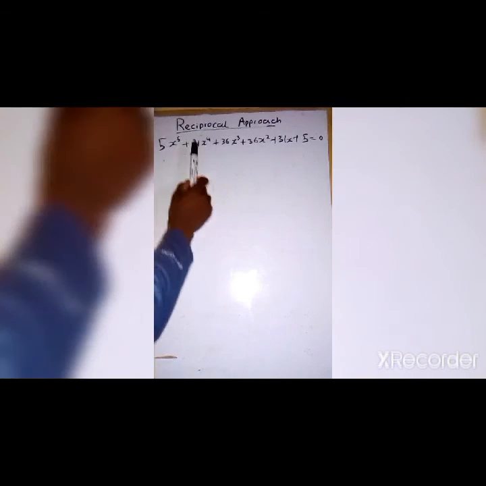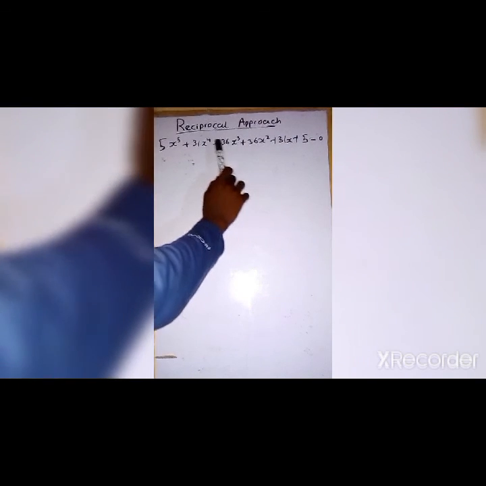So a reciprocal approach question can also come like this, but here you will notice something: 5 is repeating itself, that one is repeating itself, 36 is also repeating itself, and we don't have any odd value. So now we don't know what to divide with.